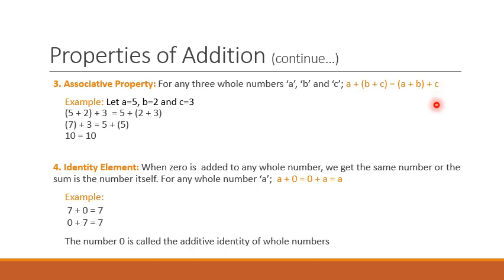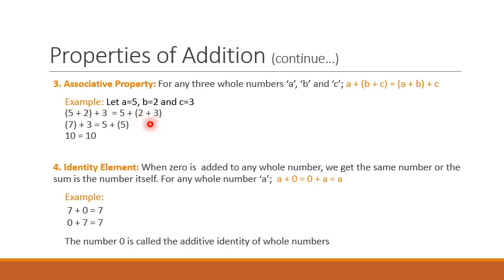Now let's understand this associative property with the help of an example. Here I have taken a as 5, b as 2 and c as 3. Here I am first adding 5 plus 2 and then adding it to 3. On the other side, 5 is added to the sum of 2 and 3.